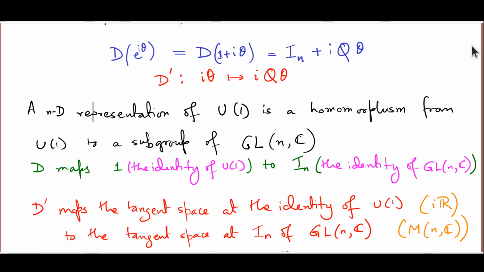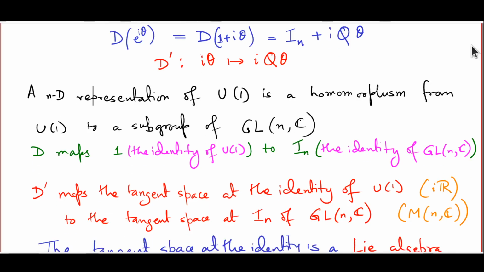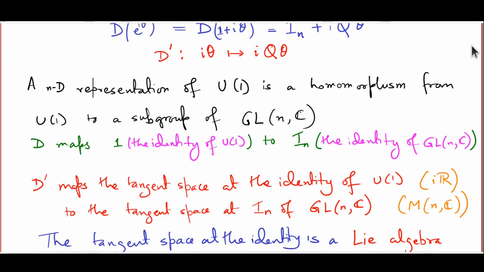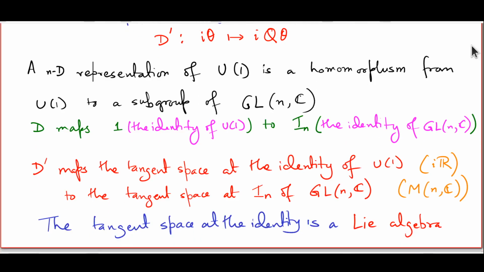Even if you don't, I would like you to keep this in mind, that basically what we are getting into here is that the tangent space of the identity is very, very important, and this is exactly what we call a Lie algebra.